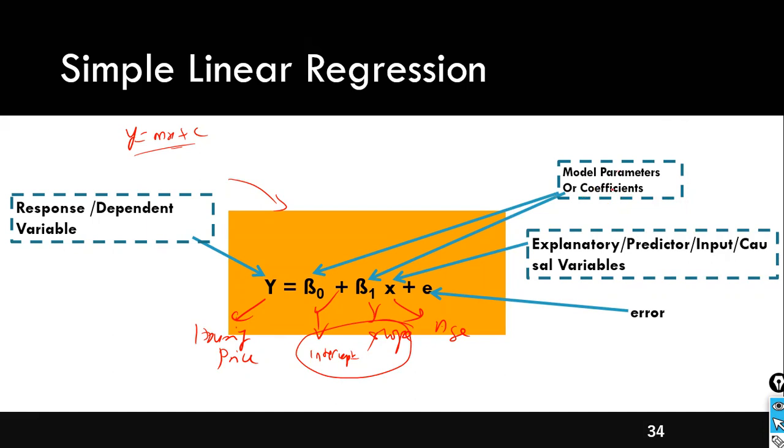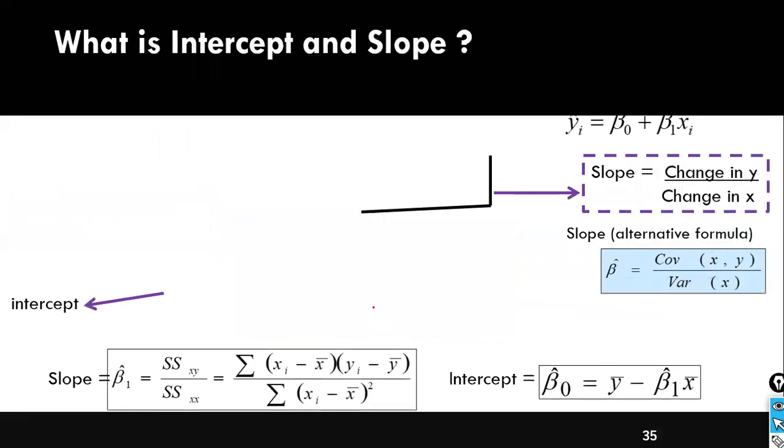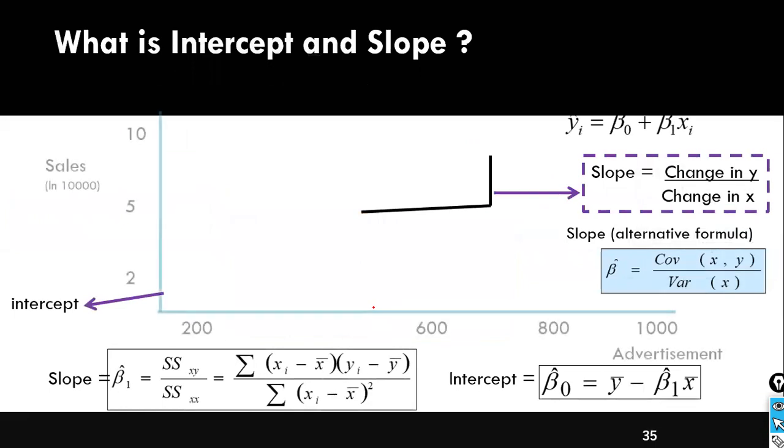In general, they are called coefficients, model coefficients, or beta coefficients. Forget about the error term. So what is the intercept?